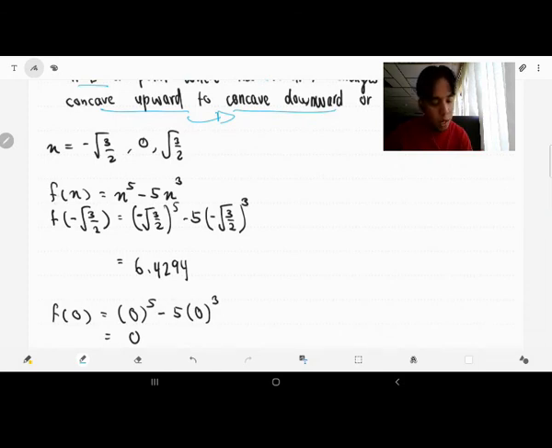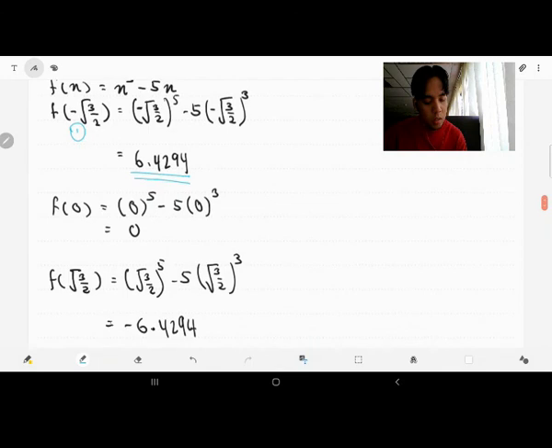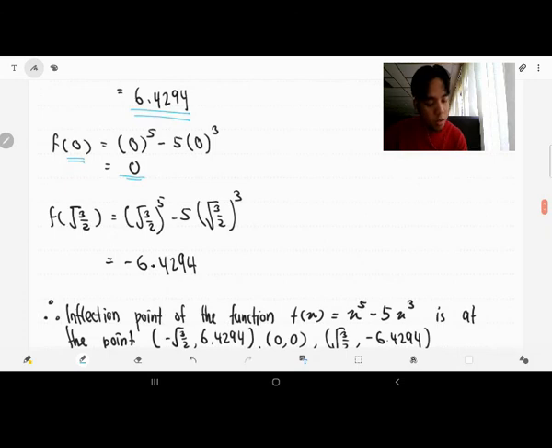For the first part, we use f(x). We substitute x into f(x) = x^5 - 5x^3. First, we substitute negative square root of 3/2 into f(x), and we get 6.4294. Second, we substitute 0 into f(x), and we get 0.